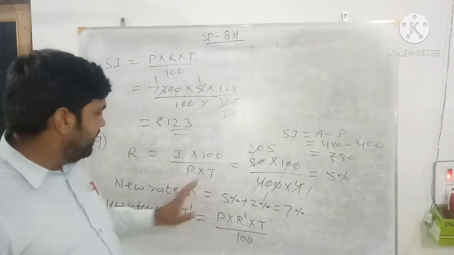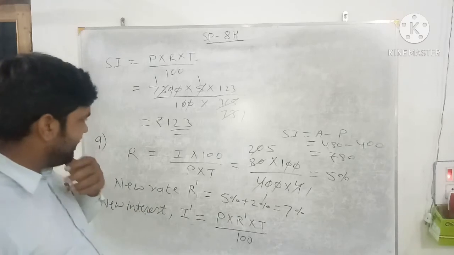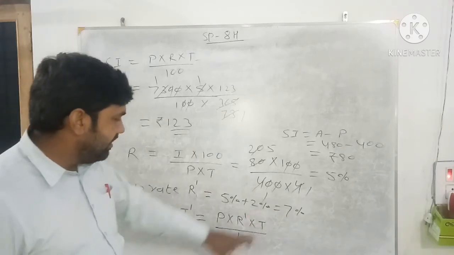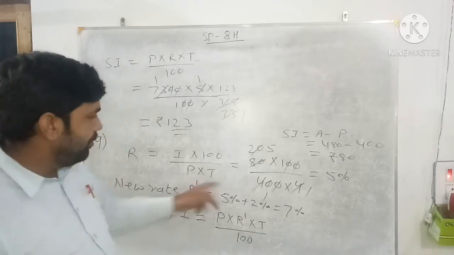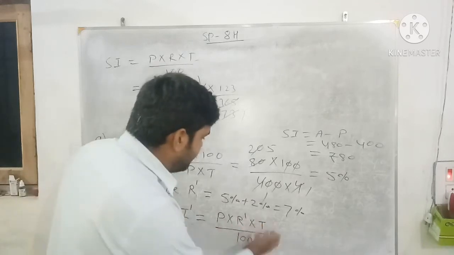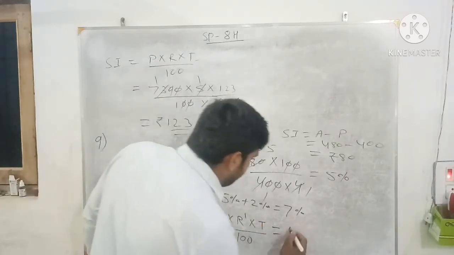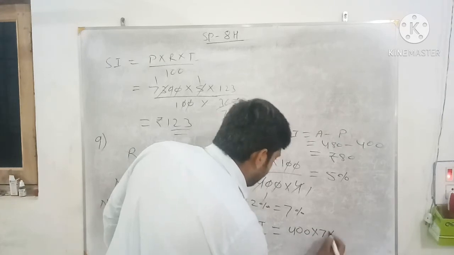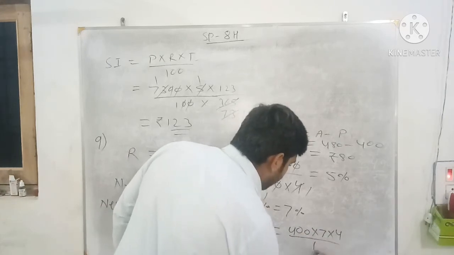Principal is 400 as it is. There is no change in that. And the new rate you put 7%, and time is the same, no change, 4 years. So principal 400, new rate 7, time 4 years by 100.